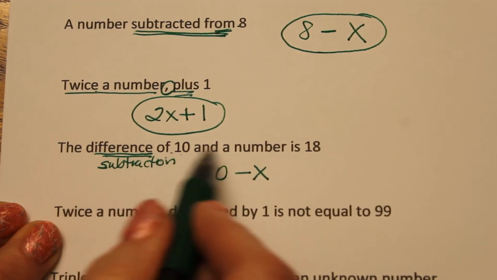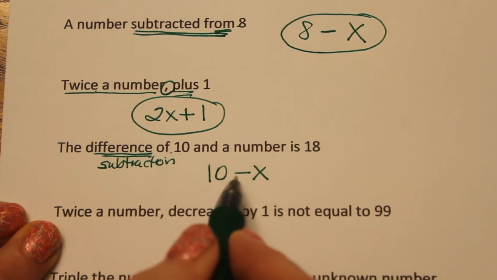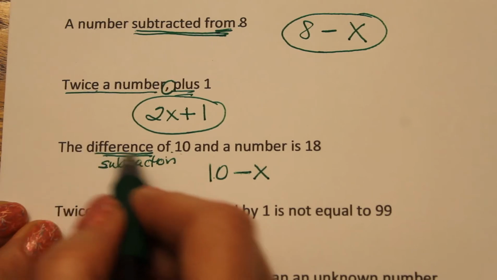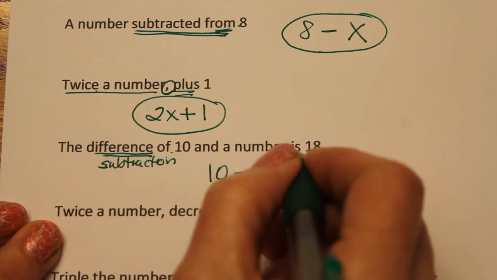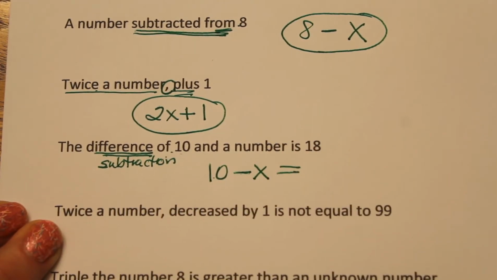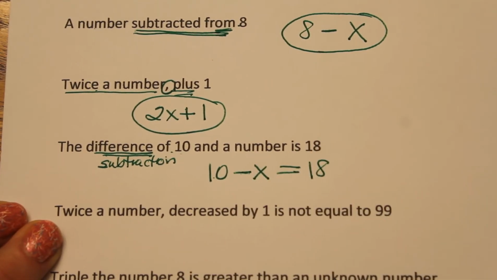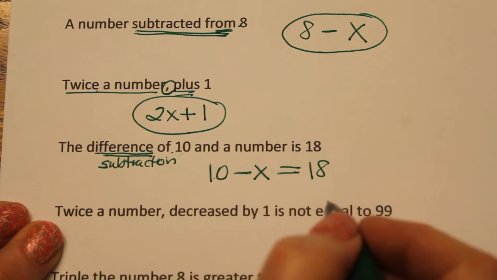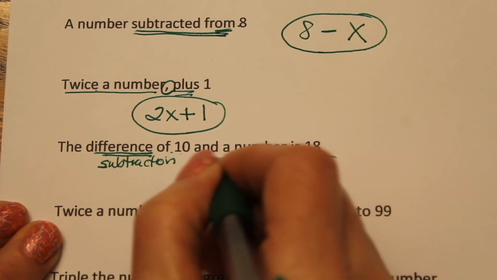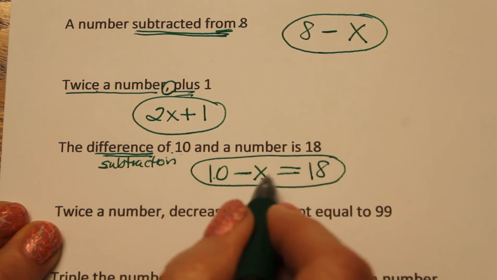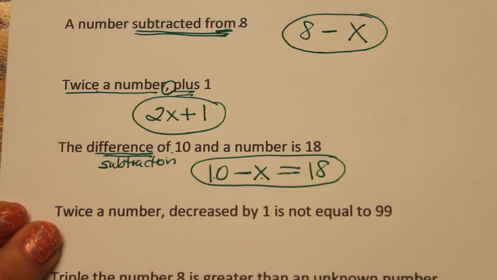The difference of 10 and a number is 18. Now, they didn't ask us to solve it. They just asked us to write it as an expression or an equation. So that is the difference of 10 and a number is 18.